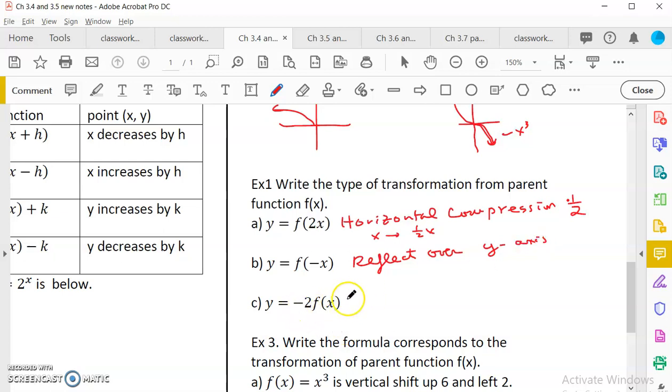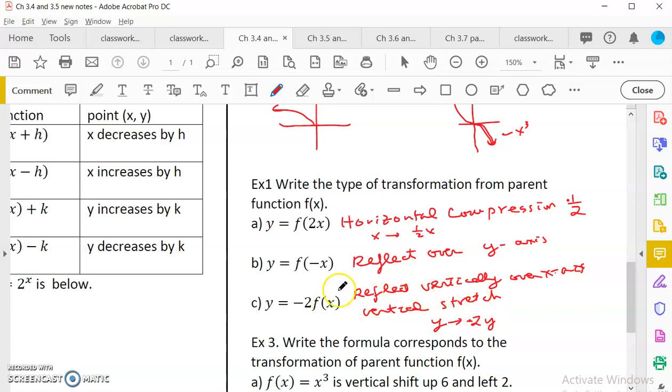Negative 2 is outside, so you would have two things. One is reflect vertically over the x-axis, and then you multiply by 2, that is a vertical stretch, because 2 means multiply by 2, so y is 2y, negative 2y, because there's a reflection.